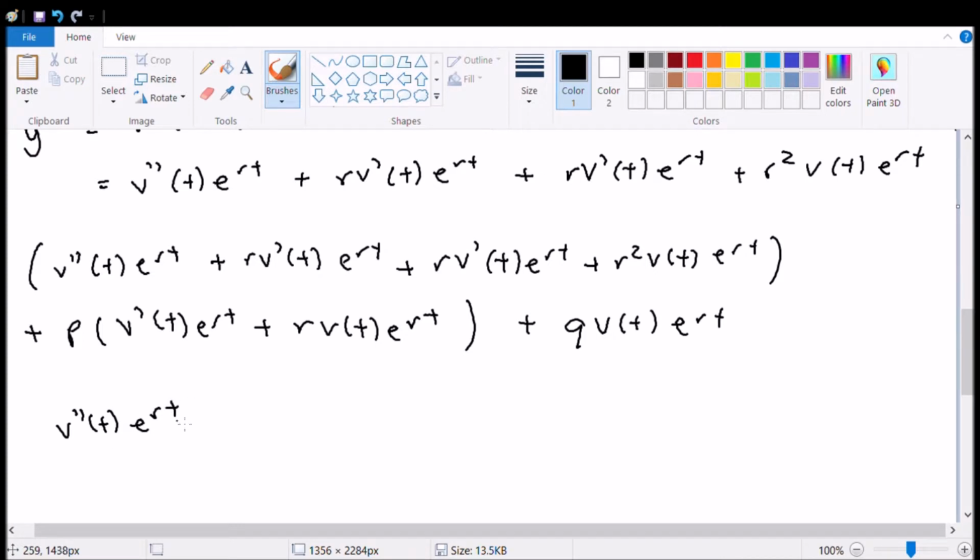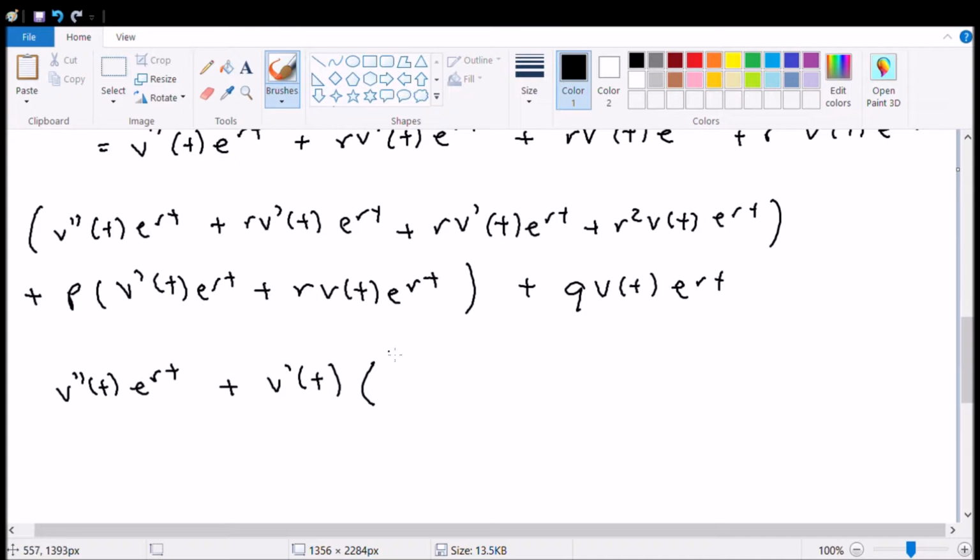So we combine like terms. Okay, so that's the only term with a double prime, and then we can group all the terms with v prime. So here's one. Here's another one. And here's another one. And I think that's it.